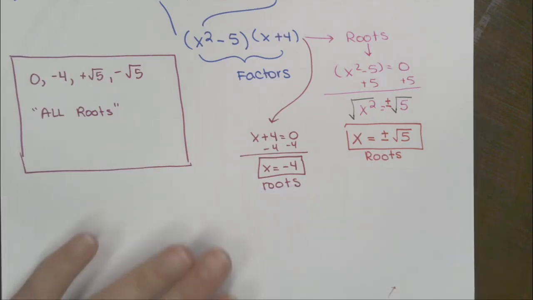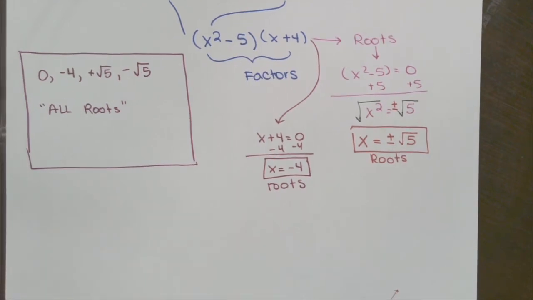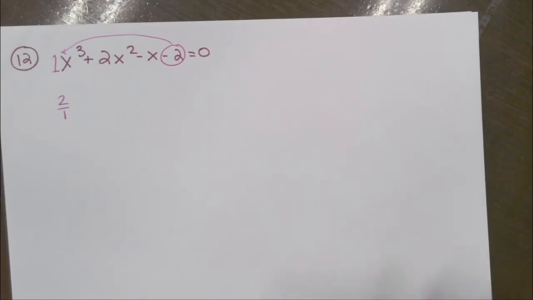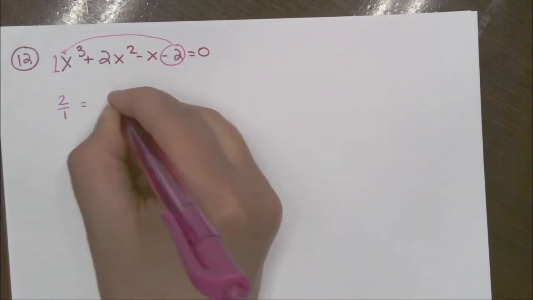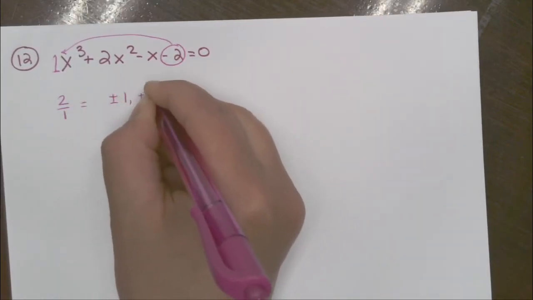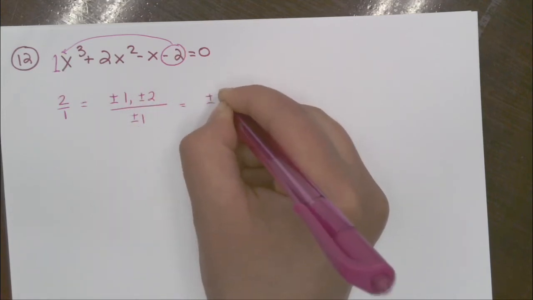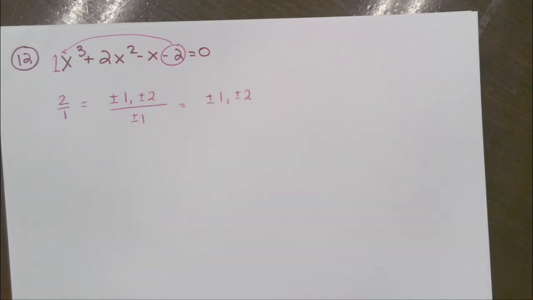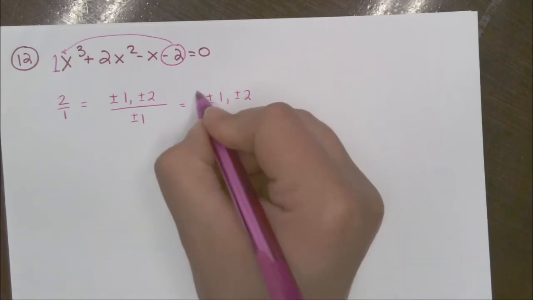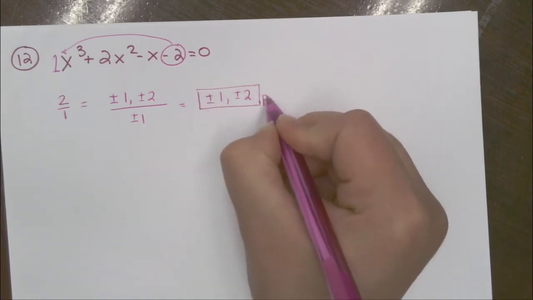Does anyone still need the previous number 14, before I cover it? Going once? Going twice? Okay. 2 over 1, which means I have plus or minus 1 times 2 and plus or minus 1. So that means happy dance. The only possibilities we have are whole numbers, 1, 2, either a positive or a negative version. These are your possibles.